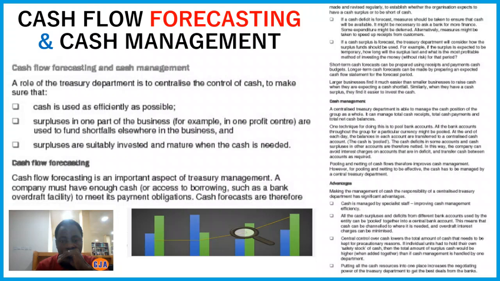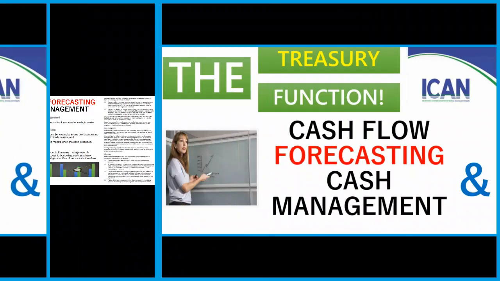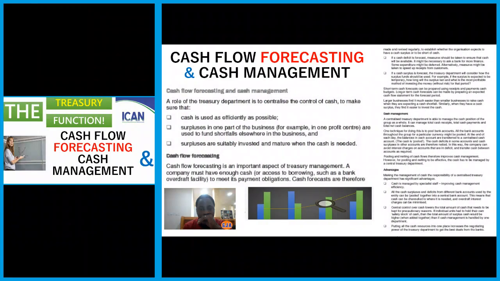It can equally help organizations to obtain external finance from financial institutions or from angel investors and many other types of finance that we could be able to obtain. So many financial organizations, many banks will ask, where is your forecast?